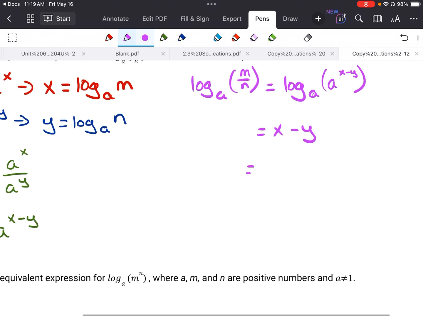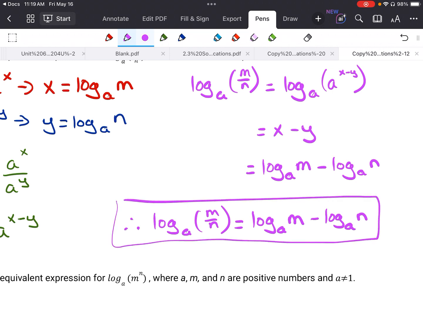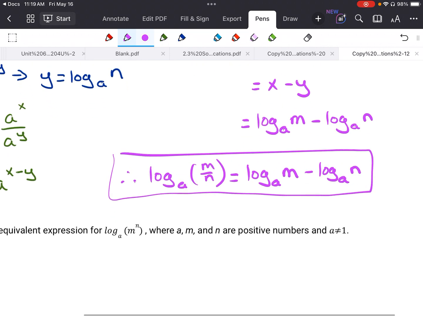And we are going to sub in, so log base a of m minus log base a of n. And therefore our next law is log base a of m over n is equivalent to log base a of m take away log base a of n. Another important property. So if our log bases are the same, we can subtract.